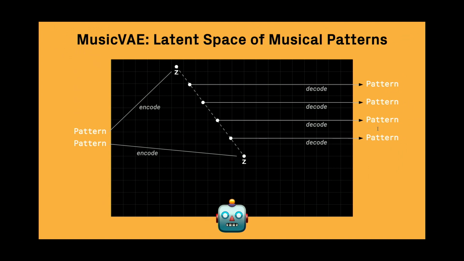And that is the interpolation that I was doing in that previous application, where the 2 musical measures are the endpoints, and there's this spacewalk between those 2 points with decoded patterns at certain intervals, which give you the smooth transition. And these are the kinds of things you can do when you have a geometric space of music. You can walk the space, explore in different ways how you find different neighborhoods of music, how you connect different pieces of musical measures to each other, and so on. A very interesting thing to do.